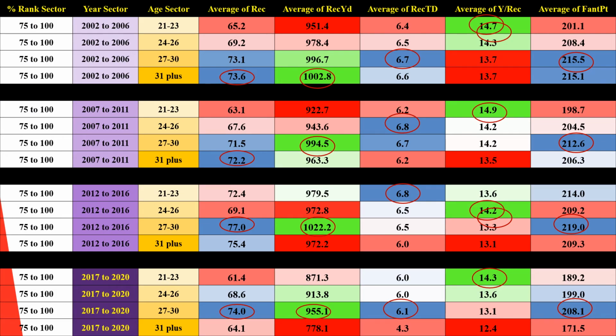So I group into sectors to add to the strength of the data points. So I look at 2 to 6, 7 to 11, 12 to 16 in the last 4 years. And I have circled the tops in age sectors, and these are the age sectors: 21 to 23, the young ones; 24 to 26, 27 to 30, and 31 plus.